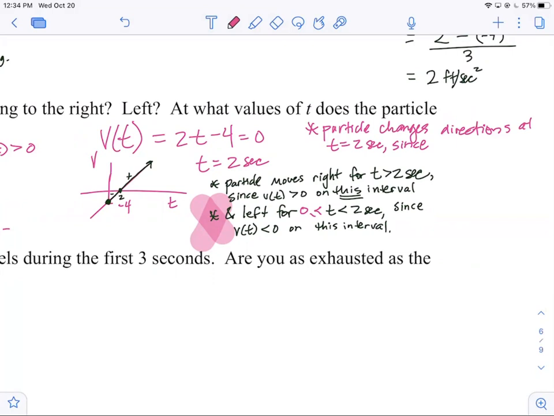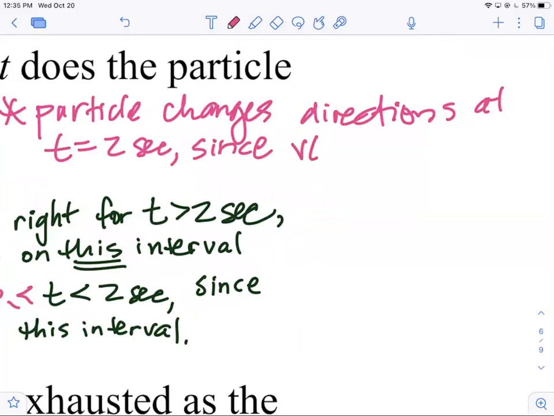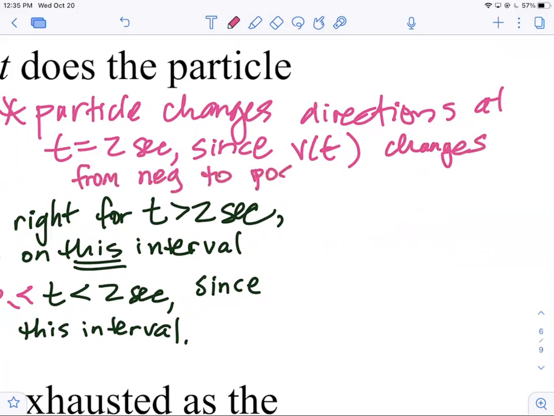It actually has nothing to do with the velocity equaling 0 there. I can be walking to the right and stop, and then continue walking to the right. It's the sign change, okay? Since v of t changes, we're almost there, changes from negative to positive. And now you could say at this point, or you could just say at t equals 2 seconds again.